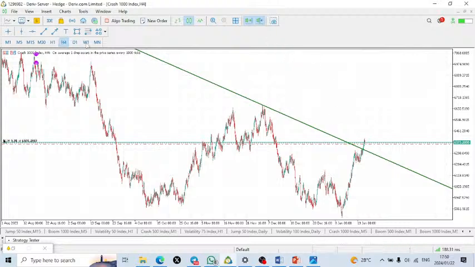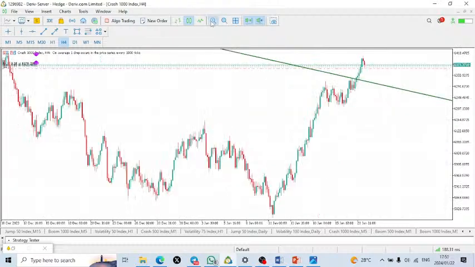We had a breakout on the 4-hour time frame. So we took our trade from this setup here.